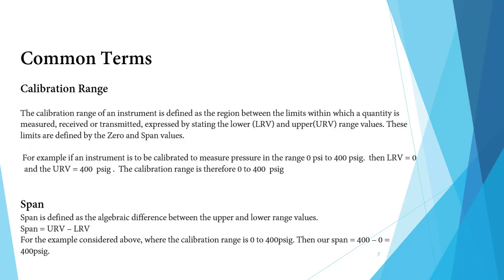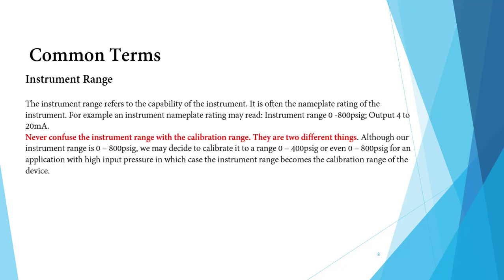Before we talk about the calibration range, we should know the instrument range. Every instrument, whether you buy a new one or use an existing one, has a range. The data sheet specification tells you what the range is.